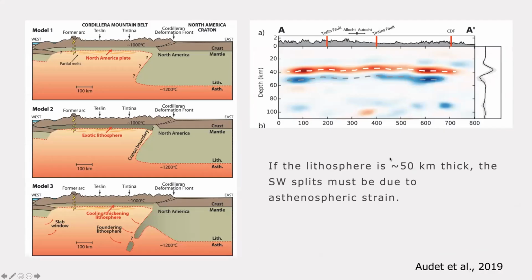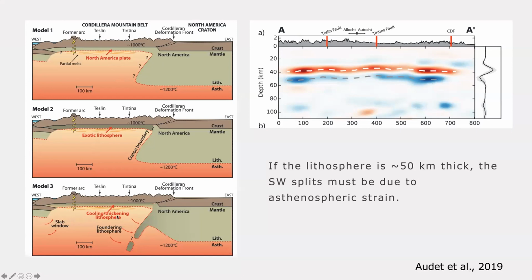Now, if the lithosphere is only 50 kilometers thick, the southwest splits must be due to asthenospheric strain. So here I show the figure that I showed earlier that suggests, at least on the Canoe Array in the southern part of our model, that we have a 60 kilometer or 50 kilometer thick lithosphere. To the left here, I just show three models that Audet et al. have presented for the lithospheric architecture of the area.